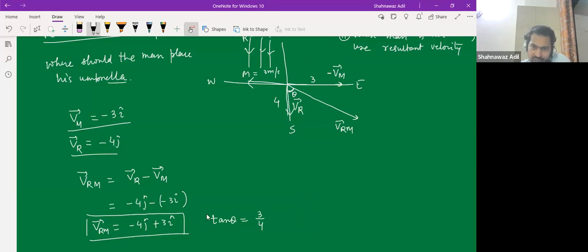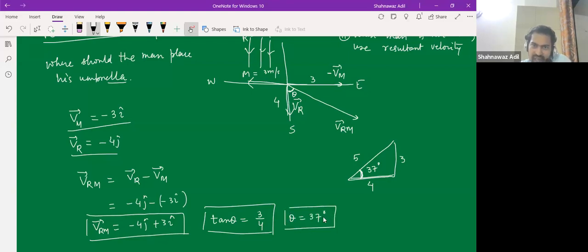Whenever we have this 3, 4, 5 triangle, perpendicular is 3, base is 4 and hypotenuse is 5. I have told you guys what this angle is. So this is 37 degrees, right? So theta is 37.